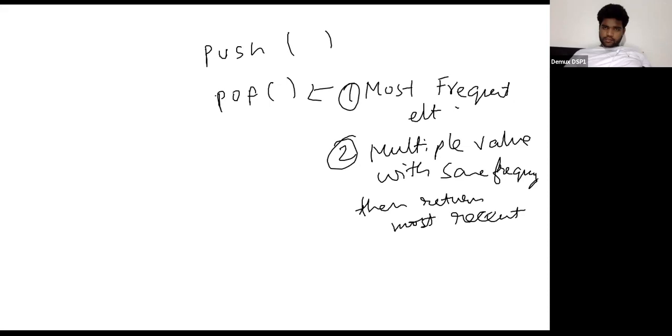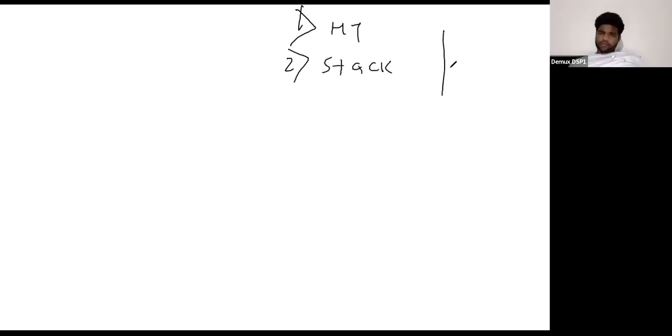So what are the data structures then? Think about the tiebreaker also. Okay, you will have a hash table and a stack. Karmanya is saying let's have a hash table and a vector.